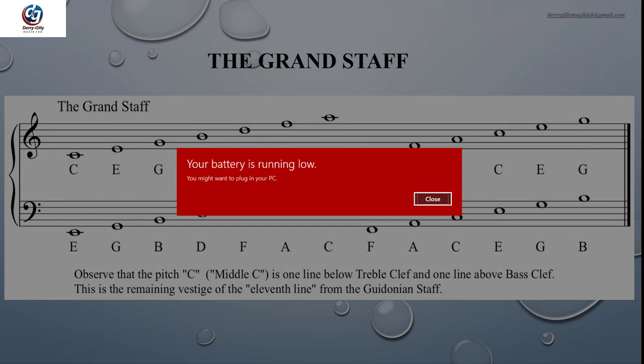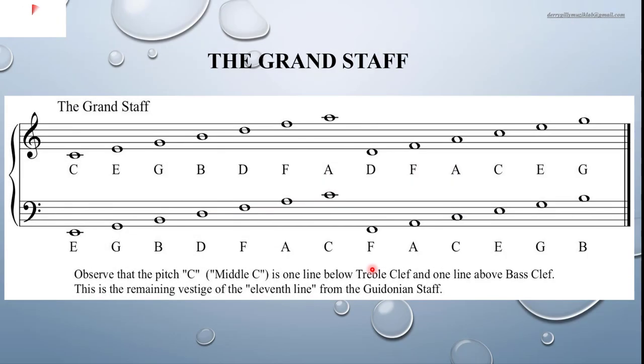So we can have the grand staff here, and we can see that this is what we call the invisible middle line, and that is what is dividing the two staves into equal parts.